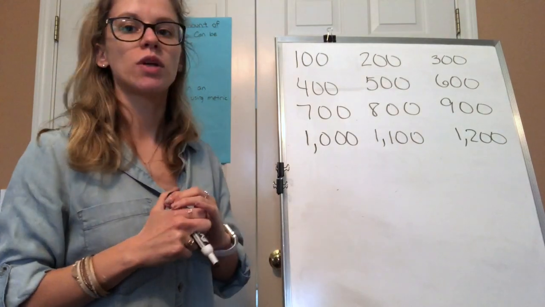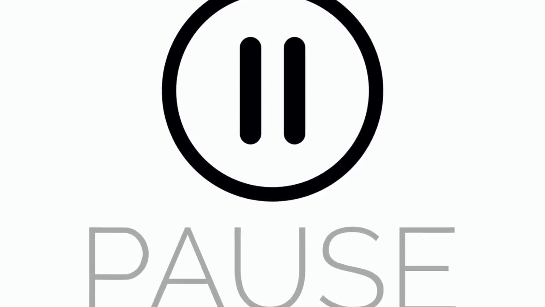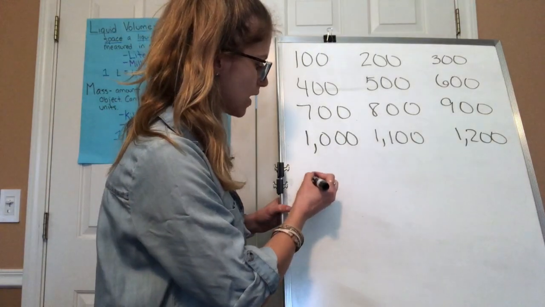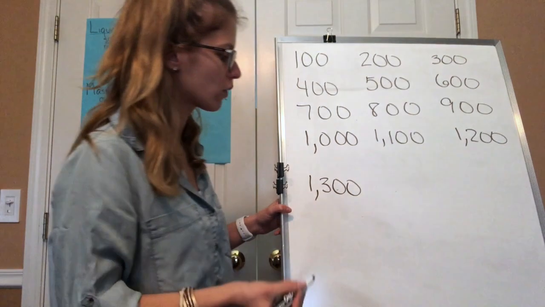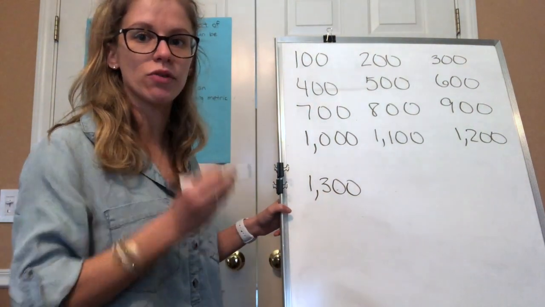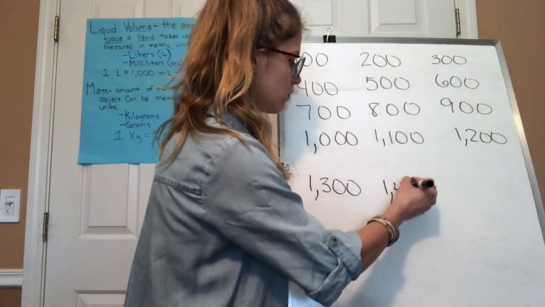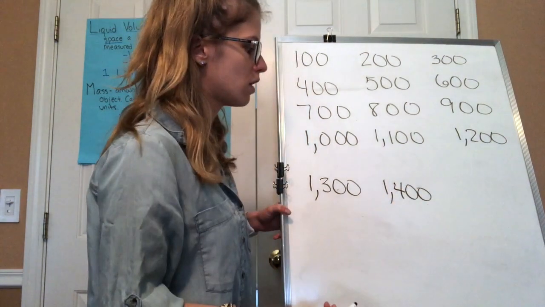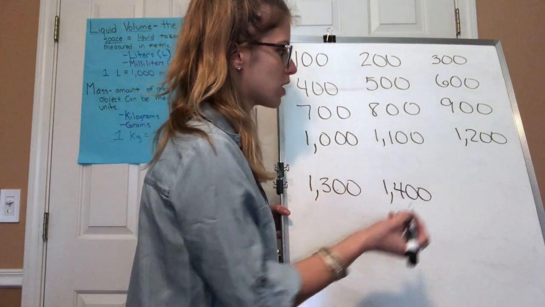Pause me and think about what would come next. Next would be 1,300. What comes after 1,300? 1,400. I want you to say out loud the next number that comes up.